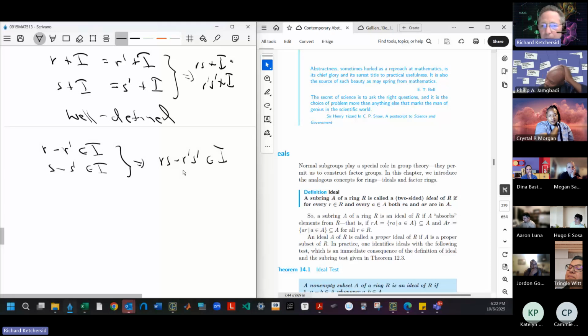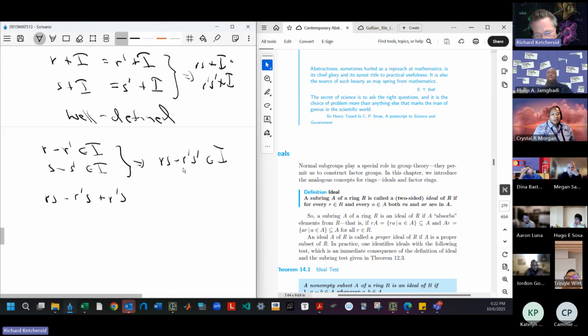And now we're going to do some little algebra where I'm going to add in 0 and then do some math. This is a common trick you do with algebra. I didn't even think about this ahead of time, so if I make a mistake, but I think I can do this in almost any way. I'm going to just add in r prime s, subtract out r prime s, add back in r prime s. So that's 0, so I've added in 0.